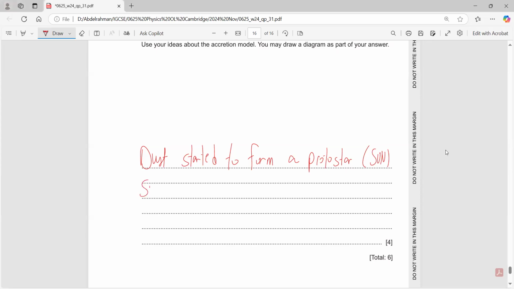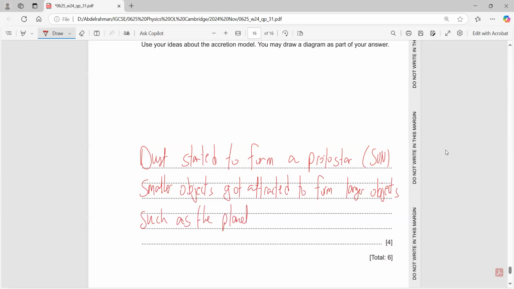Smaller objects got attracted to form larger objects, such as the planets.